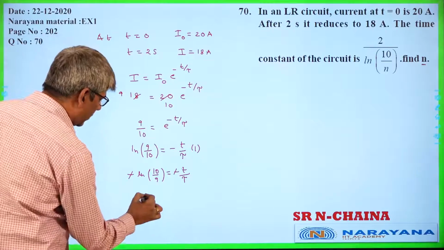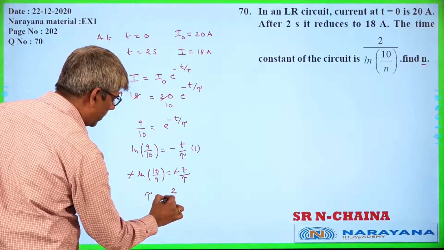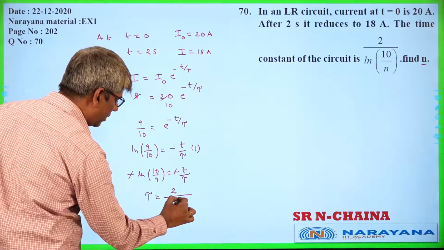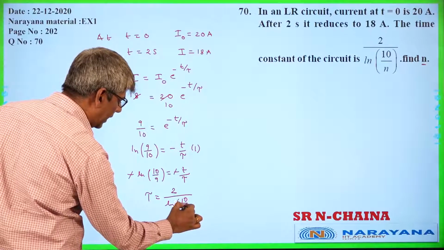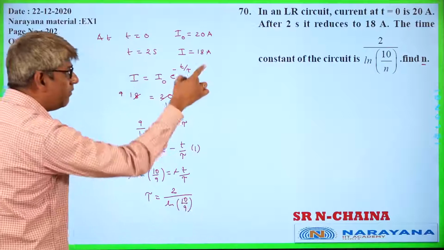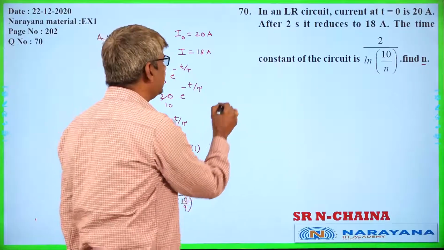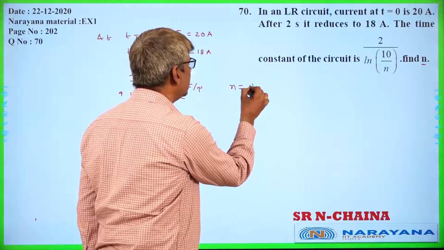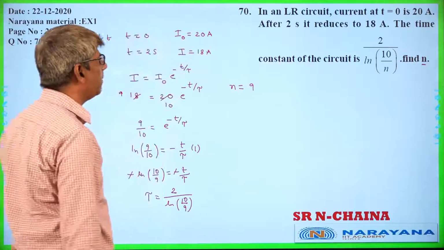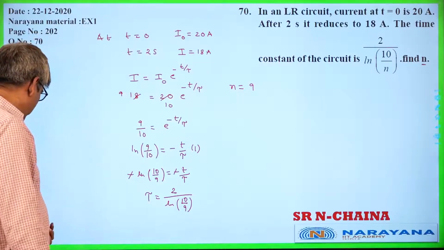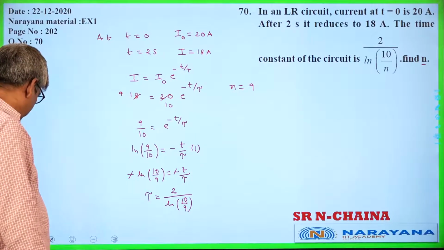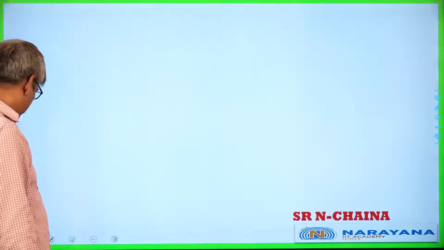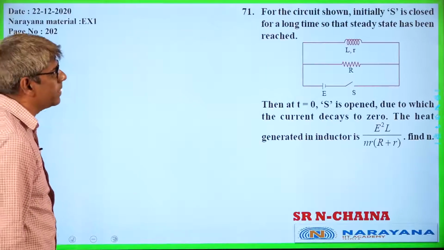So tau is equal to 2 by ln of 10 by 9. Now comparing this, we get n is equal to 9. It is a problem related to the decay of current through an LR circuit.